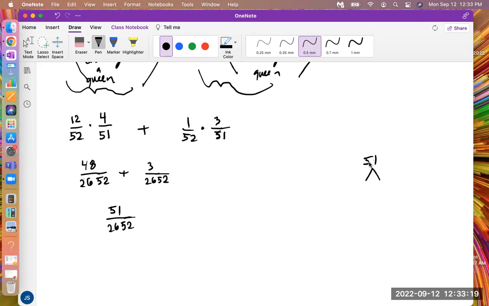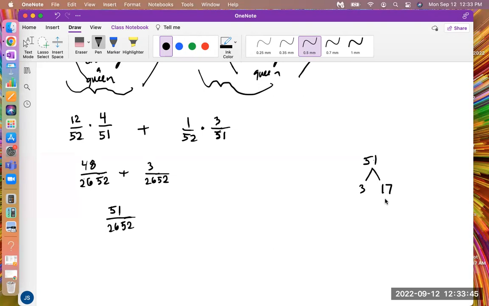I do notice that 5 plus 1, if you add the digits, you get 6, which is divisible by 3. So I think 3 times something will be 51. So let's look. And that's 17.